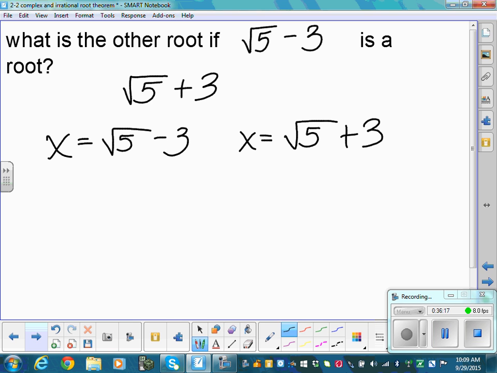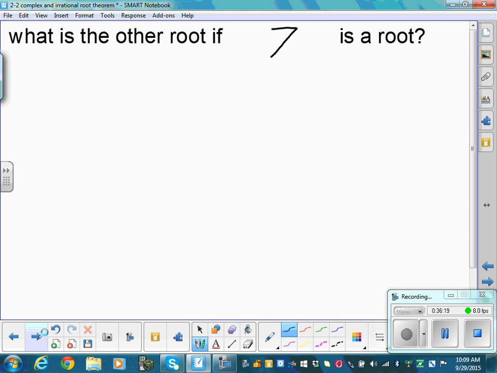Another one. What's the other root if 7's a root? Negative 7? Anyone beg to differ? Nope. Is 7 an irrational number? Is it a complex number?